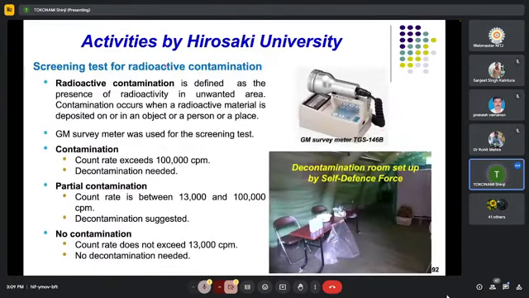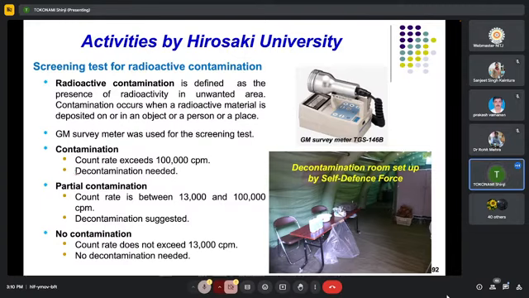Contamination is defined as the presence of radioactivity in an unwanted area. Contamination occurs when a radioactive material is deposited on or in an object, a person, or a place. A GM survey meter was used for the screening test. Contamination means the count rate exceeds 100,000 cpm.